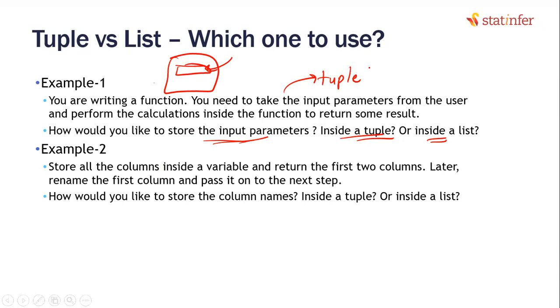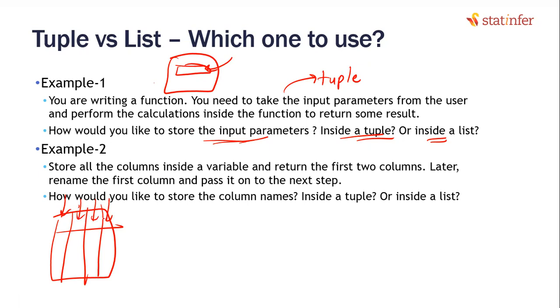You want to store all the columns inside a variable. Let's say you have a data set. In that data set, you have column names, column 1, column 2, column 3, column 4. Okay. And finally, you want to return the first two columns. Or maybe later you may want to rename these columns. Or maybe you can rearrange them. What do you want to store all these column names in?